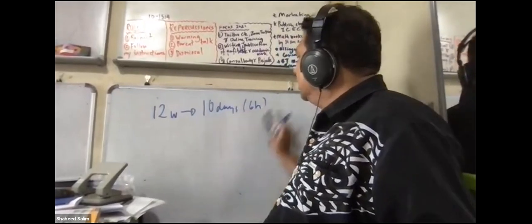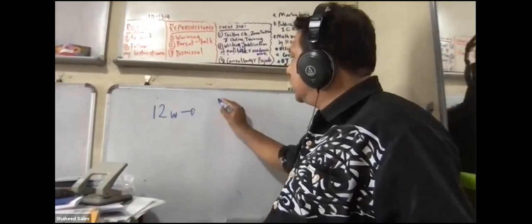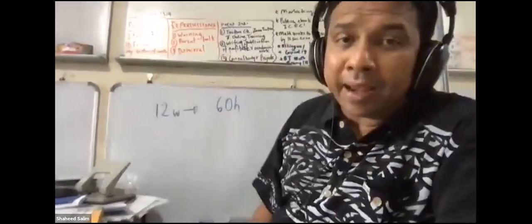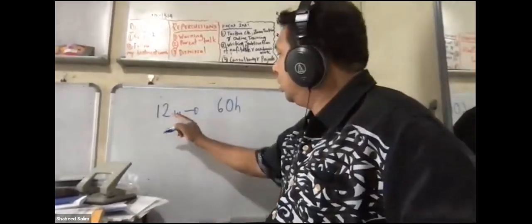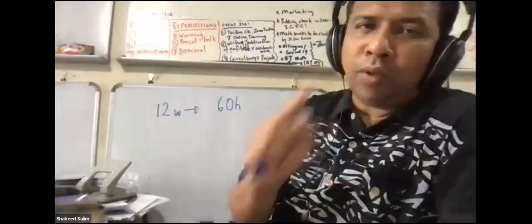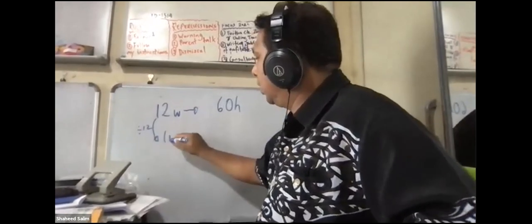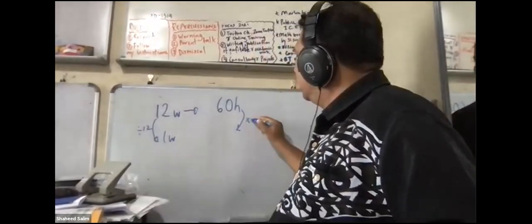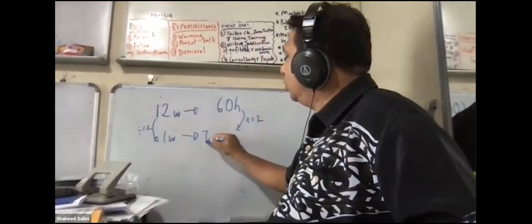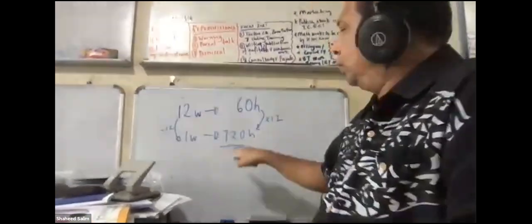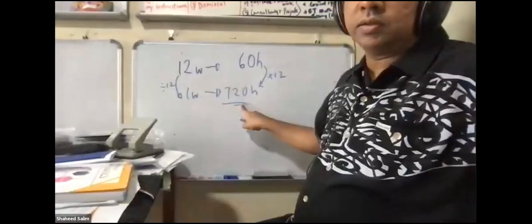So this is 60 hours of work. By how many workers? By 12 workers. If 1 worker were to do it, you divide by 12. You get 1. You must times by 12. This is where you get 720. If 1 worker did it, it will take 720 hours.